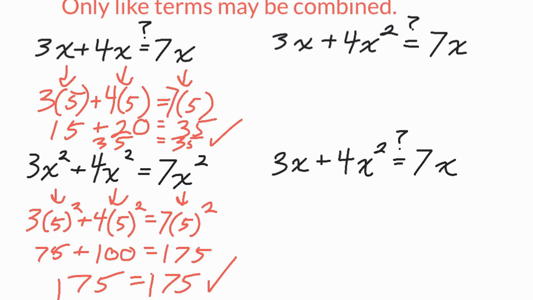You could write a 1, but nobody does that. So these are actually not like terms. So is it correct for me to say that 3x plus 4x squared is equal to 7x? If these are not like terms, can I still go ahead and add the 3 and the 4 and get 7? Well, let's see. Again, I'm just going to use the number 5.